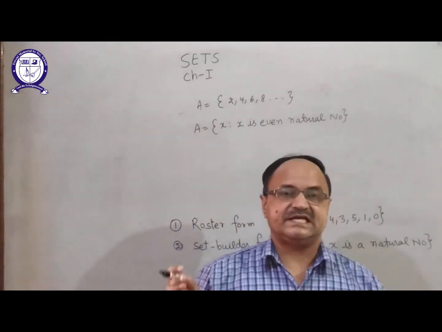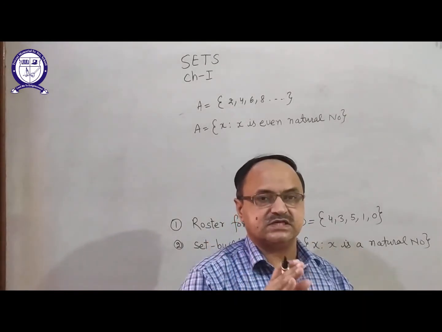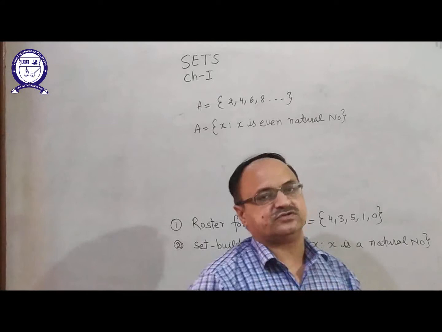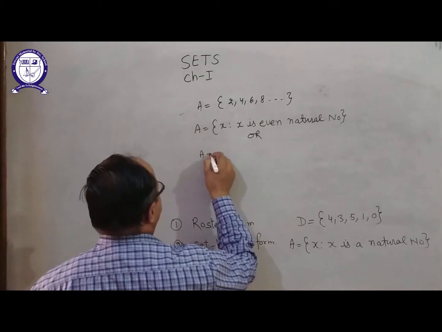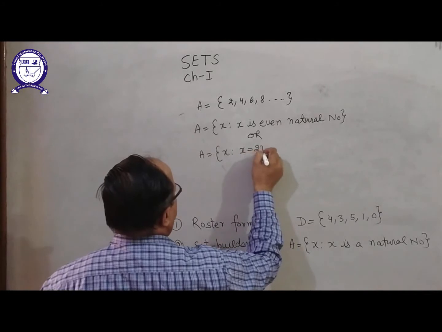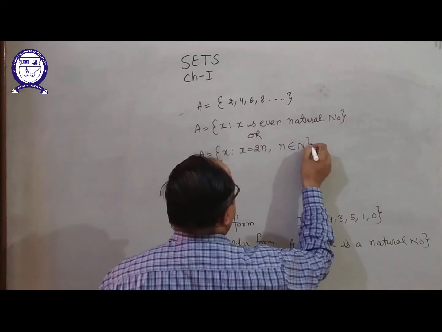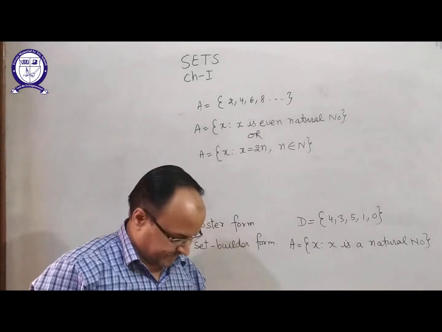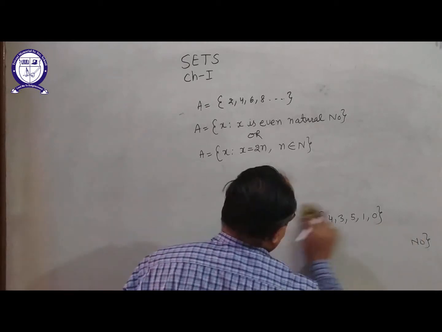So in set builder form, you can write set of all x such that x is an even natural number, or you can write set of all x such that x is equal to 2n, where n belongs to the natural numbers. This is also a way to write set builder form. Clear?